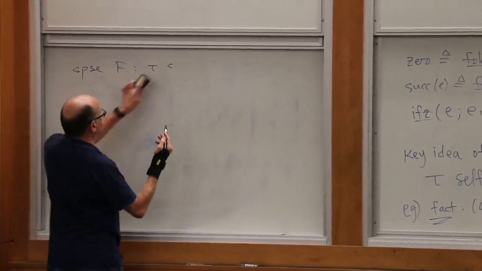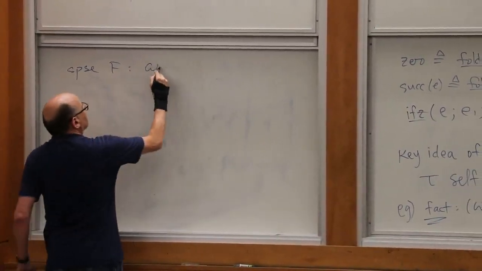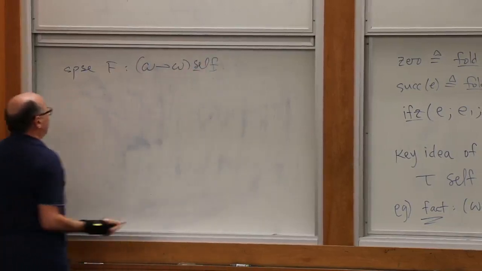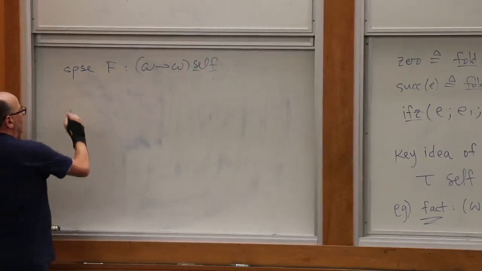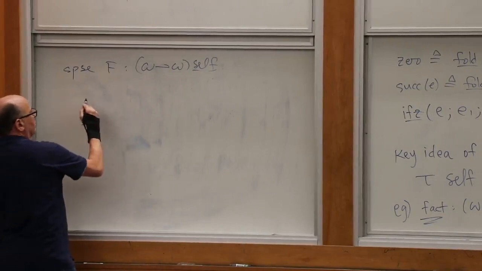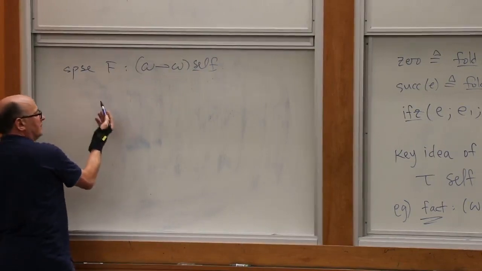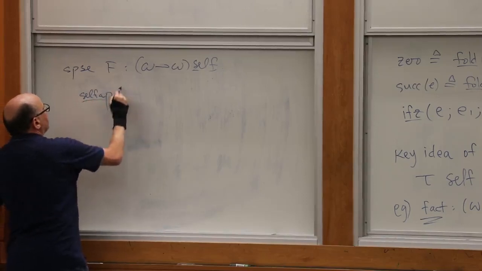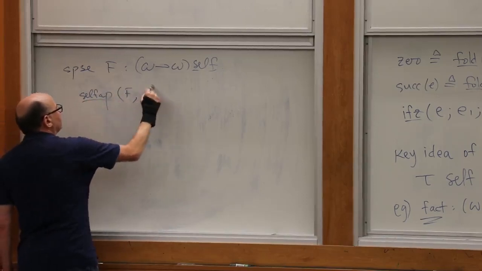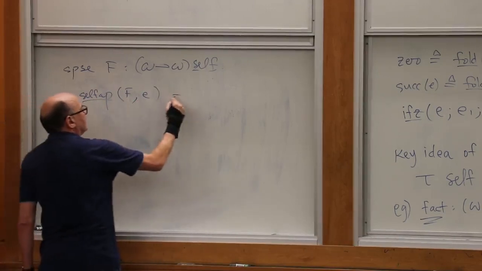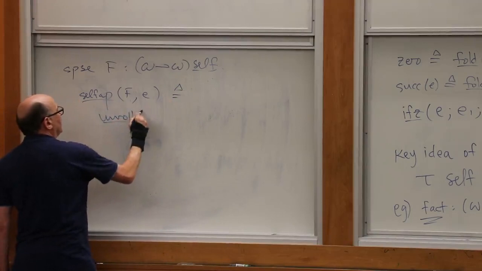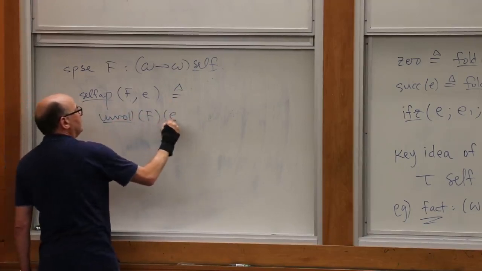Let's do it as an example, something like factorial. So I give you a self-referential function on numbers. How do I call that guy? Well, the way you apply a self-referential function, call it self-app, is self-app f to E. I'm going to define that in the following way: you unroll f, which is self-referential, and apply it to E.